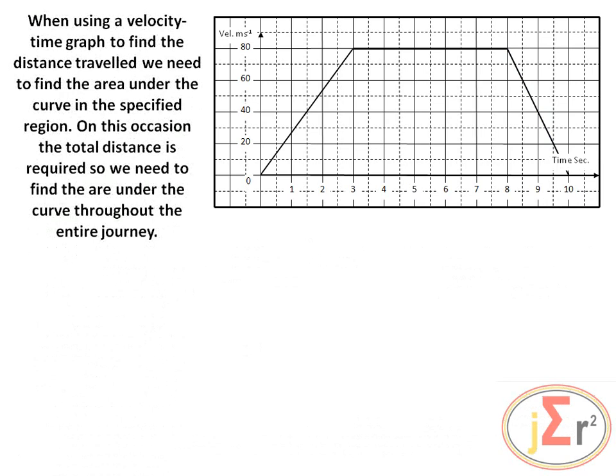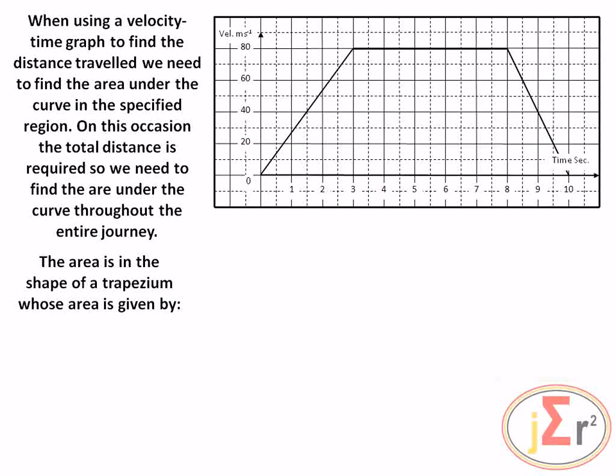When using a velocity time graph to find the distance traveled, we need to find the area under the curve in the specified region. On this occasion, the total distance is required, so we need to find the area under the curve throughout the entire journey. The area is in the shape of a trapezium whose area is given by, remember the area of a trapezium?